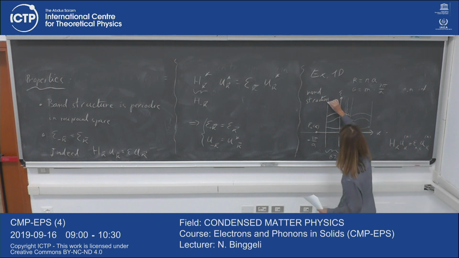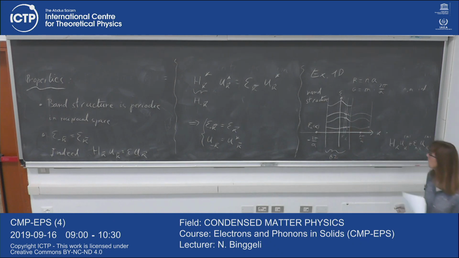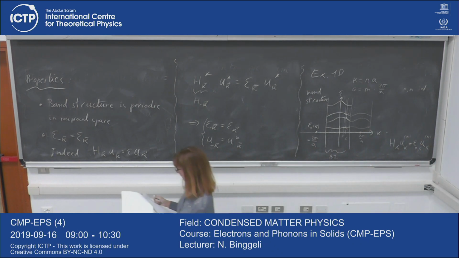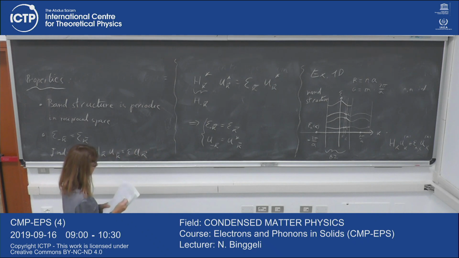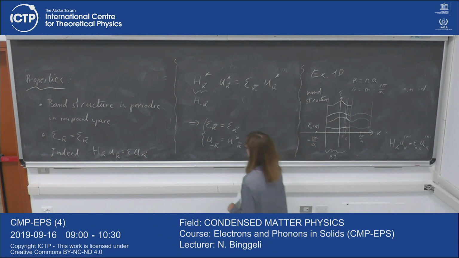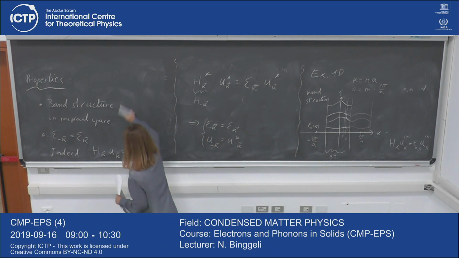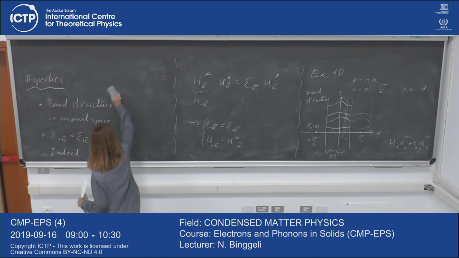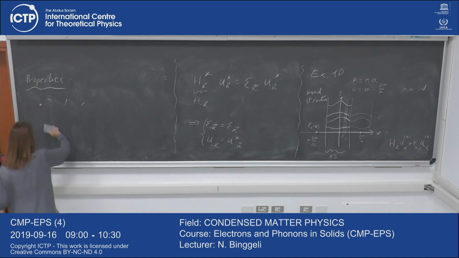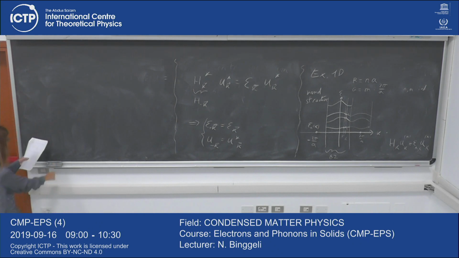Okay? So this means that the spectrum has to be symmetric when K goes to minus K. So the band structure has a symmetry with respect to the origin. And this has a consequence that actually at the border of the Brillouin zone, if the bands are non-degenerate, they have to be flat.